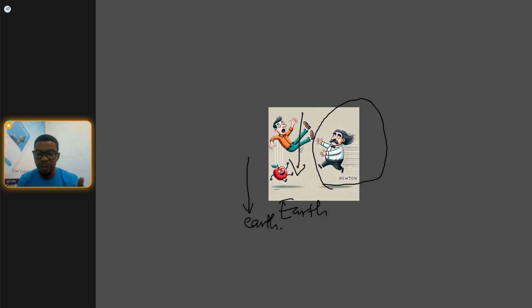So from this introduction, we understand that the force that pulls objects, or that pulls a body or a particle, towards the surface of the earth is called gravitational force. All right. So let's consider the topic now. Gravitational field.